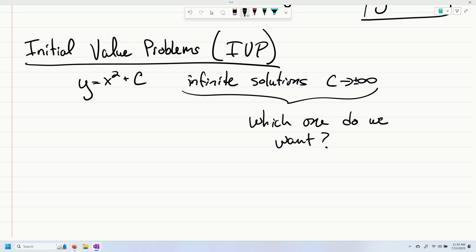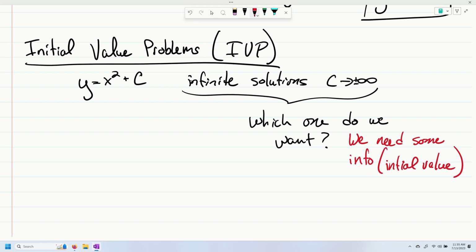So to choose this solution, we need some information. We just need a little bit of information, all right? So the specific information that we can be given can be useful, and we can consider that to be an initial value, all right?